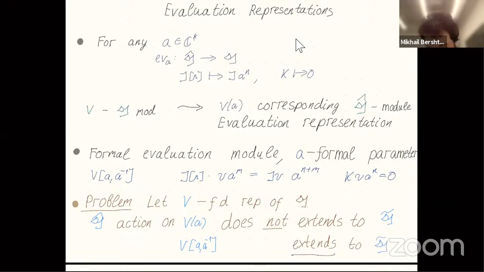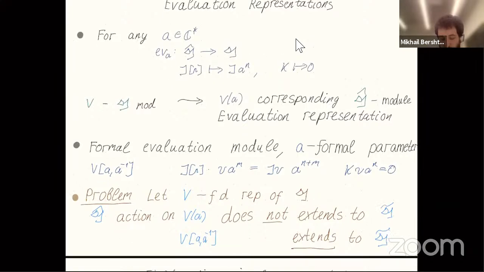Now everything depends. These notions are close, but in some cases we have to use the formal one, and in some cases we have to consider a as a complex number. For example, if you want to study finite dimensional representations, then you should forget about the formal evaluation representation and speak about ordinary evaluation representations.